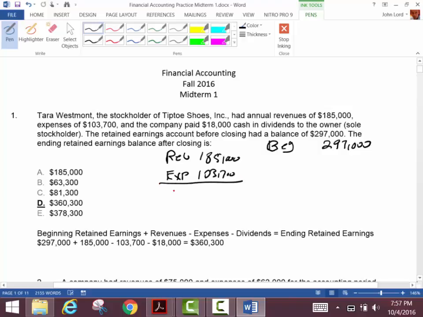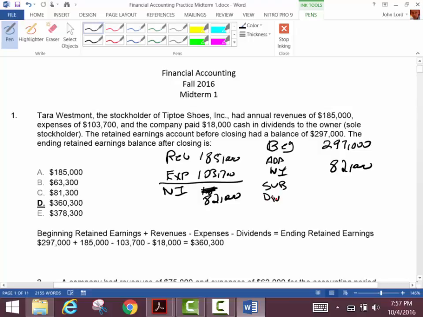That gives me net income of 82,000. So I'm going to add my net income, right? Okay, good. Then what? Do I have any subtracts? I'm going to subtract my dividend.